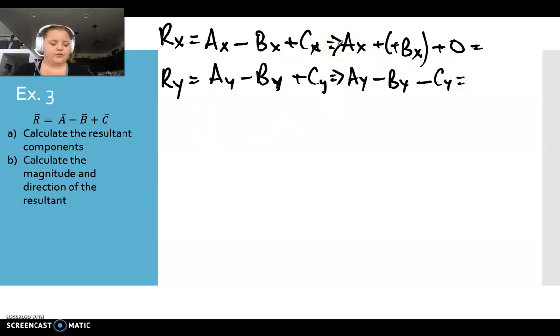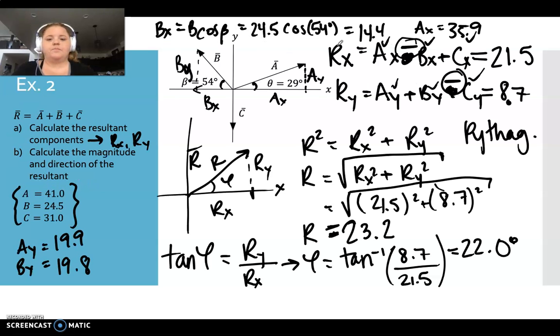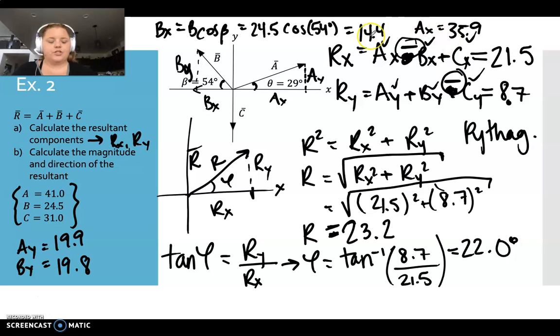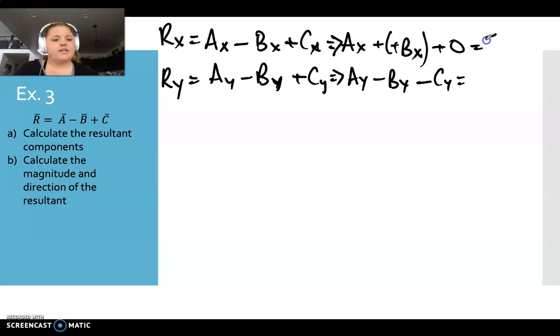So we can use our values over here. We have 35.9 as a sub x plus b sub x, which is 14.4. So this gives us 50.3.